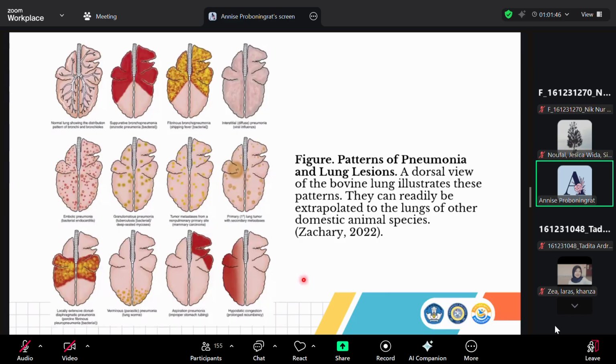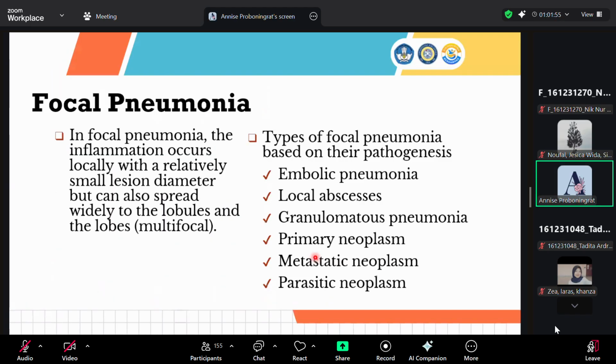And then this is the pattern of pneumonia and some lung lesions. In focal pneumonia, the inflammation occurs locally with a relatively small lesion diameter, but can also spread widely to the lobules and the lobes.